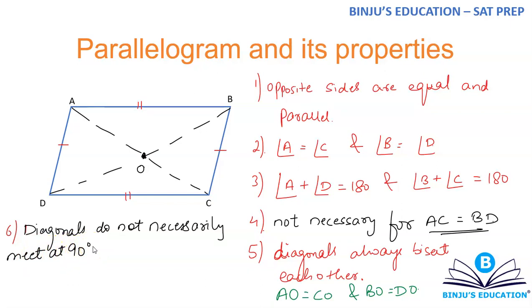So diagonals of a parallelogram do not necessarily meet at 90 degrees. That is, it's not necessary for this angle to be 90. It is not necessary. It may happen. It happens in case of a rhombus. It happens in case of a square, but it's not necessary.